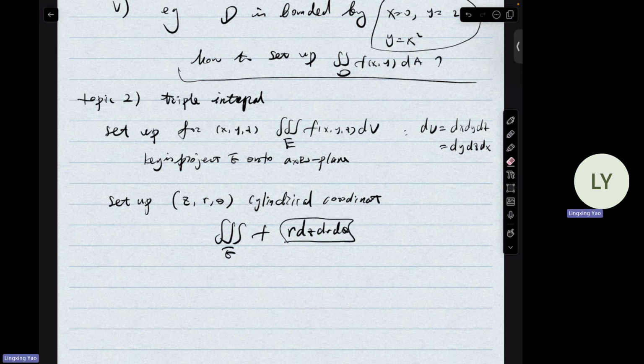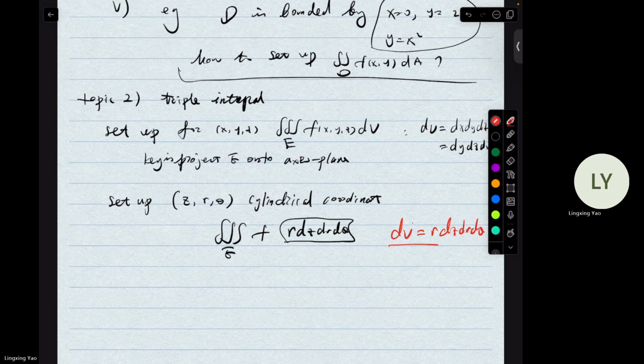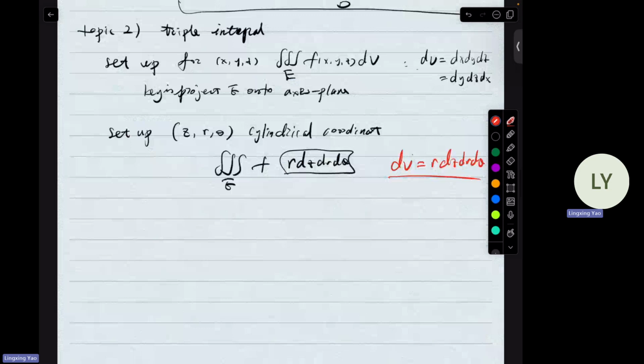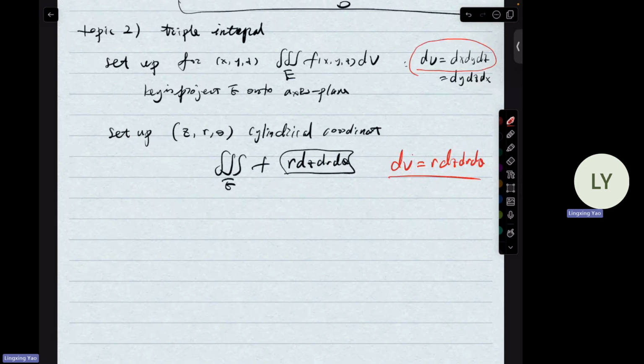So here, dv is equal to r dz dr d theta. So we can compare it with the triple integral in the Cartesian or rectangular coordinates.